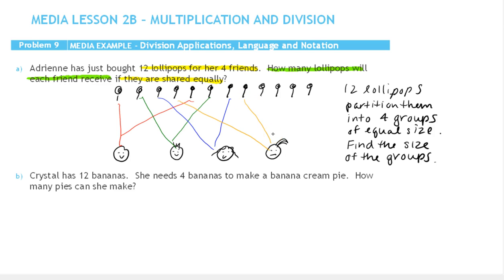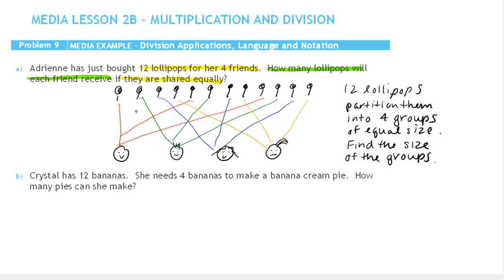Okay. And now everybody has 2 lollipops. And notice in the end, we are out of lollipops. We've broken them into 4 groups, where each group is the friend. And the size of the groups are the number of lollipops each friend gets, which is 3.